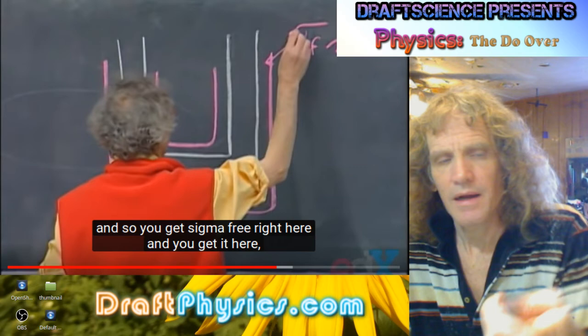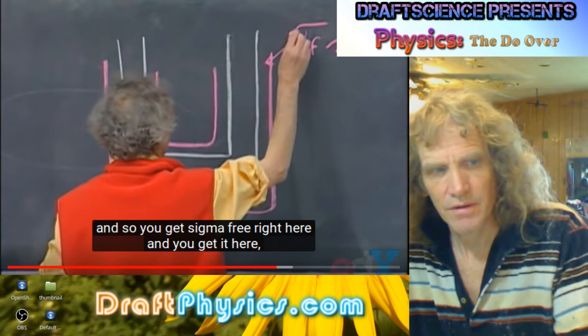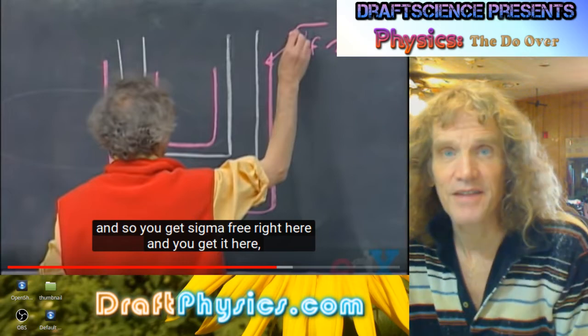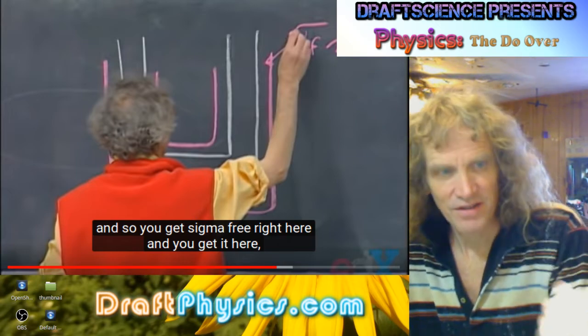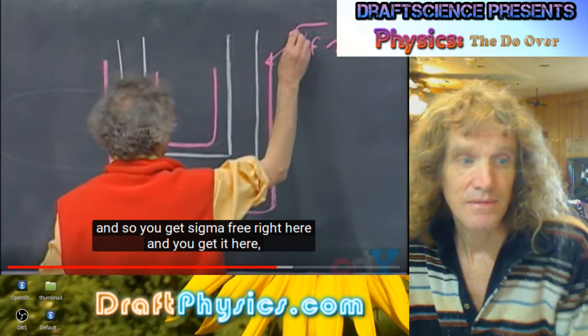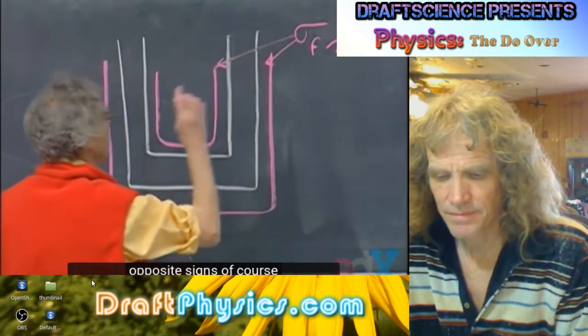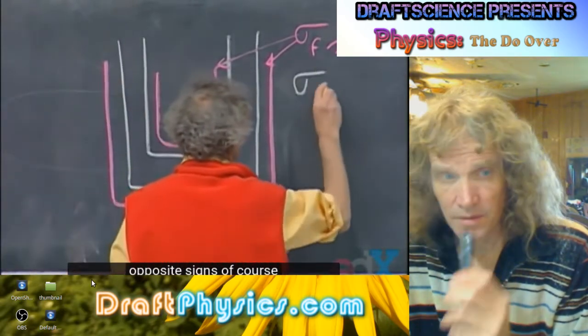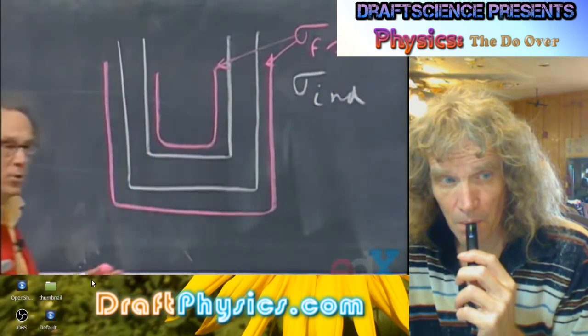I don't know, like I said, I wouldn't call this free charge at all. It seems like the free charge is what's on the insulator. The charge on the conductor needs a path to get off the conductor. It's here, opposite signs of course. And you get sigma induced on the dielectric. Why do you get it?